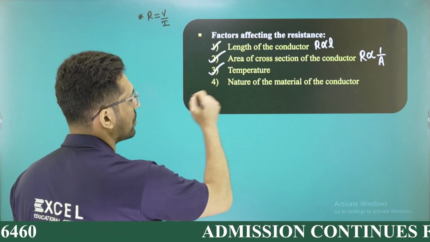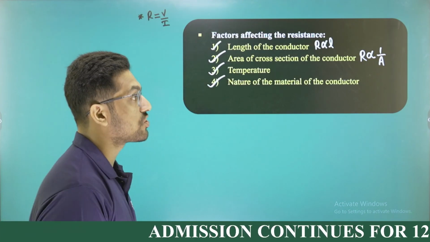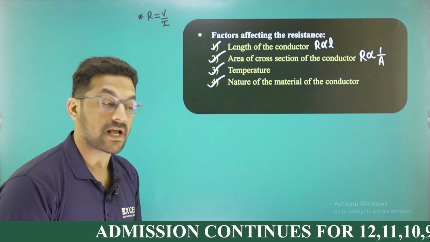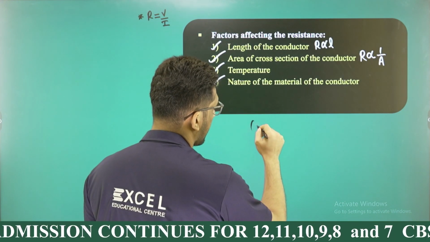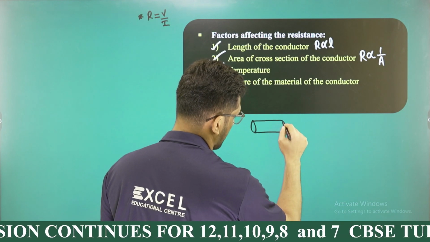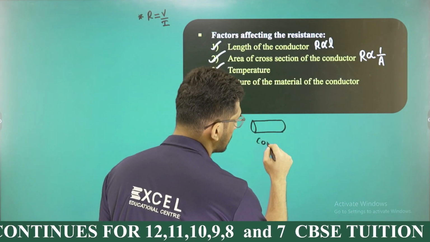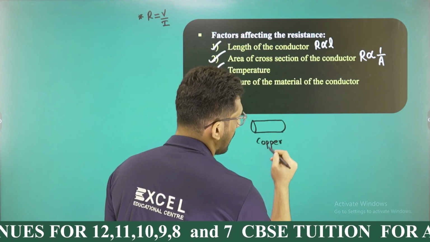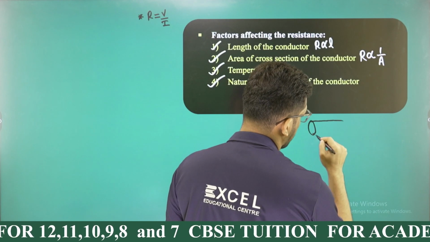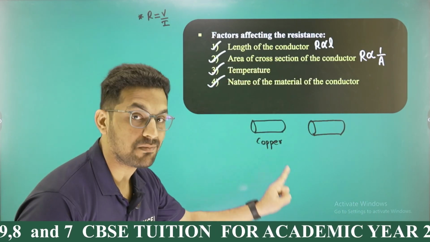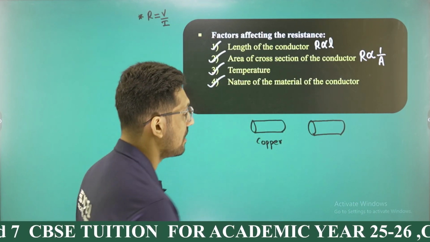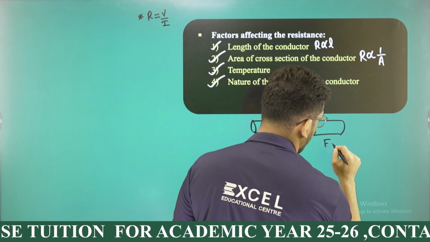Okay. Then the fourth one. What is the fourth one? Nature of material of the conductor. Let's see. There is a conductor made of copper. This is copper. And there is another conductor having the same dimensions, same length, same area of cross section, made of iron.